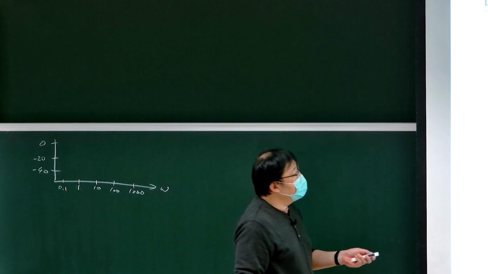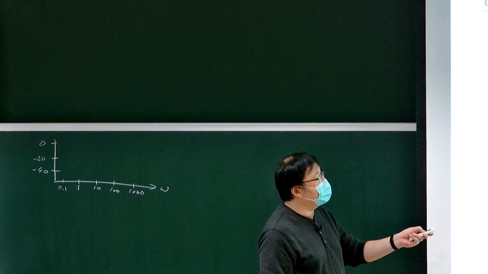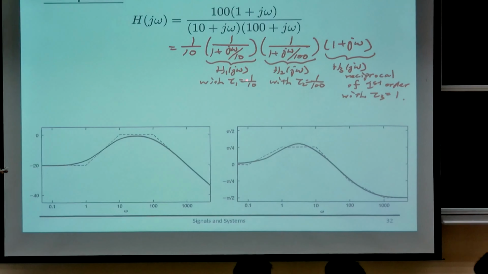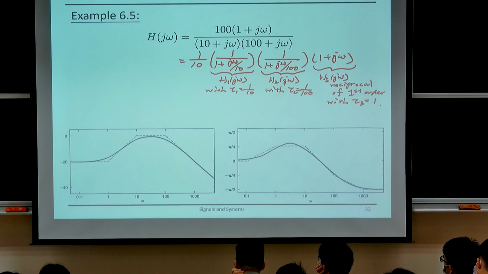Now, if you look at H1, this is a first order system with break frequency at 1 over tau 1, which is 10. So you have a break frequency here.